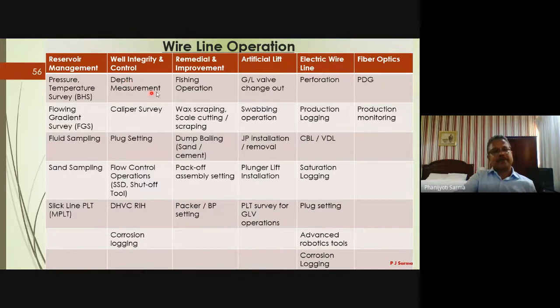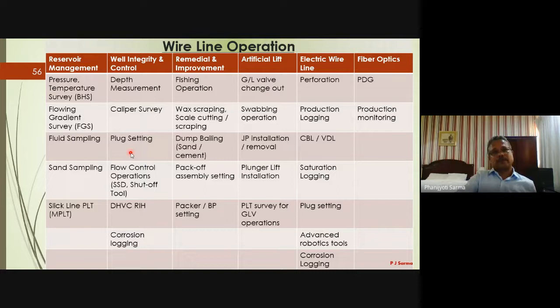Well integrity investigation: we do depth measurements and a caliper survey in order to identify the diameters or uniformness of the tubings. Then, to do the integrity test, we need to set the plug. Flow control operations like manipulation of the sliding sleeve and shutdown tools are done during well integrity investigations or control.